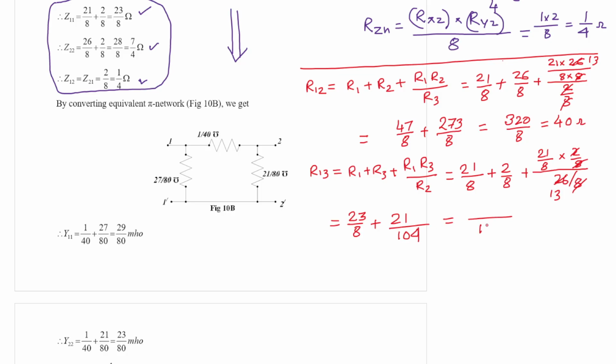So 104 is the LCM, so it will be 23 into 13 plus 21.